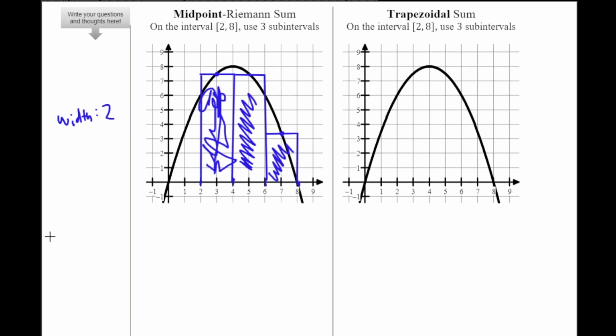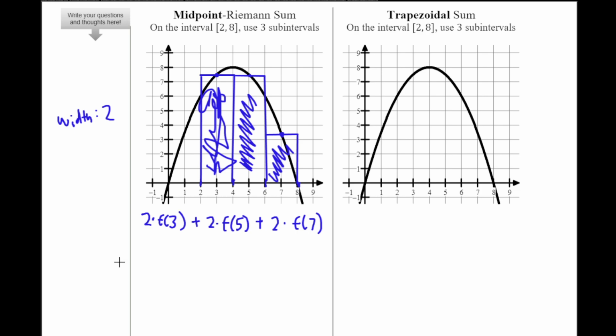So in order to write this out mathematically, the first rectangle is 2 times the height, which is f of 3, plus the second rectangle, 2 times the height, which is f of 5. The third rectangle is 2 times f of 7.